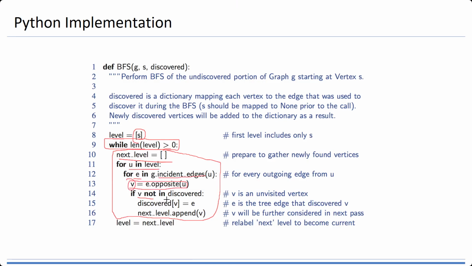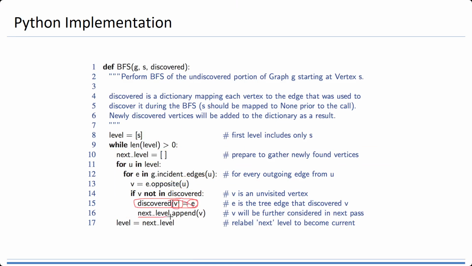If V is not in this cover, what is discovered? Discover is this one. It means if V is not in this list, we put discover. So discover means I discover the V, and let the edge that is incident to this vertex be in the list of discovered.